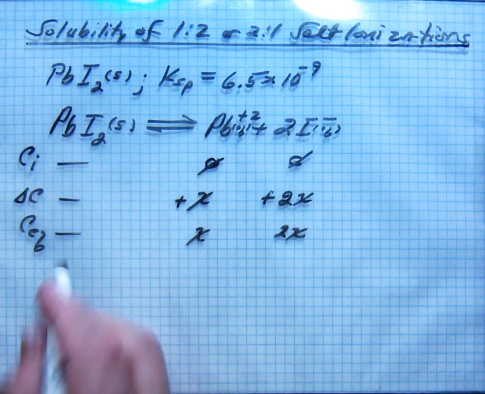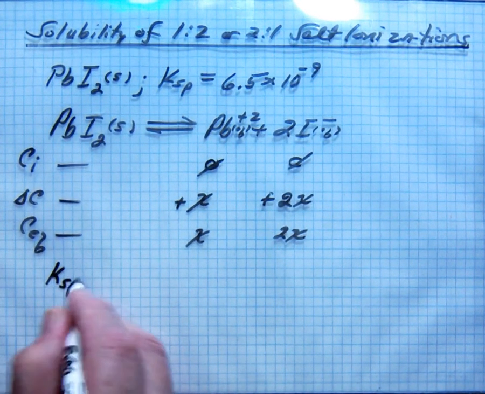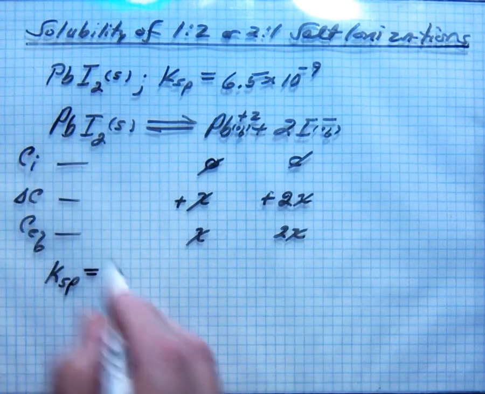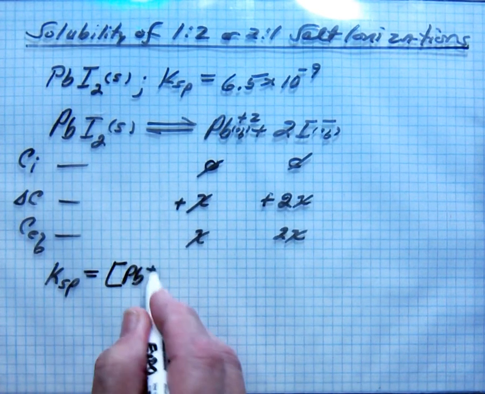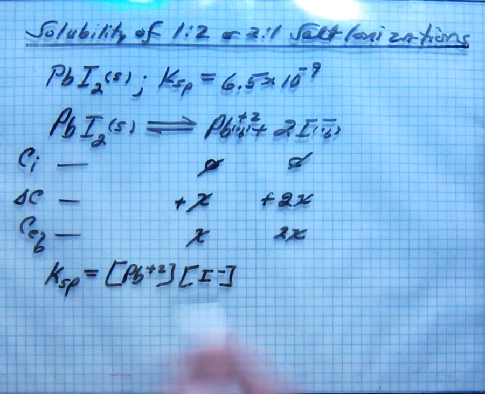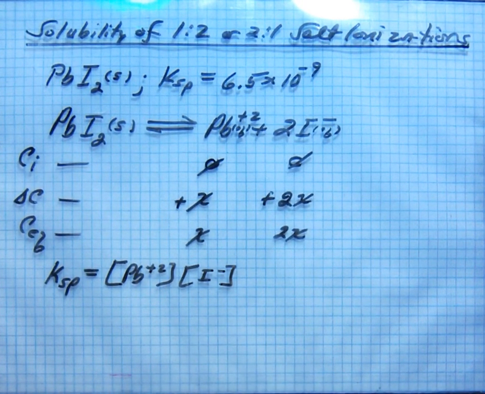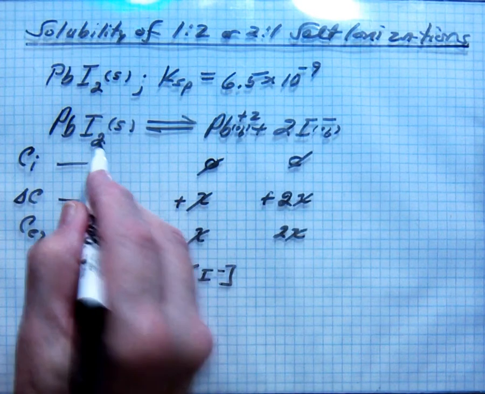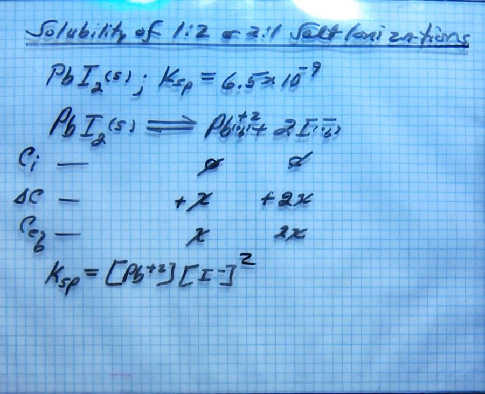Now write the equilibrium expression, KSP, for the salt, which is 1 part lead plus 2, and the iodide concentration. Now don't get confused on this. This has got a subscript of 2, so we need to put a square up there.